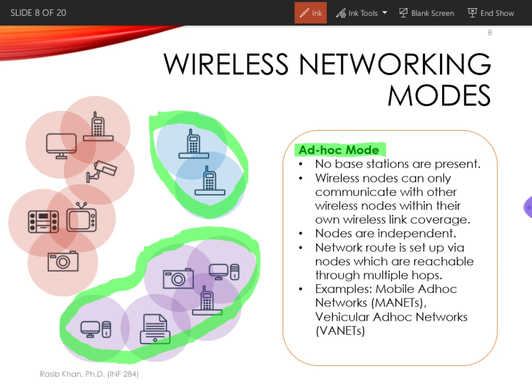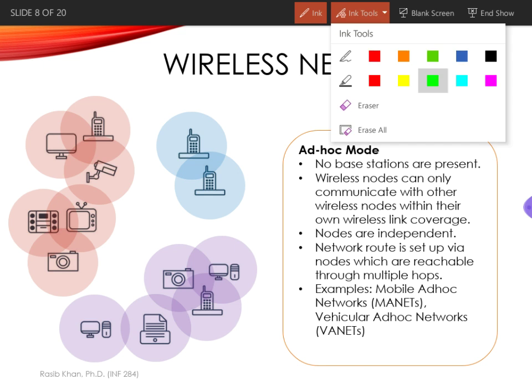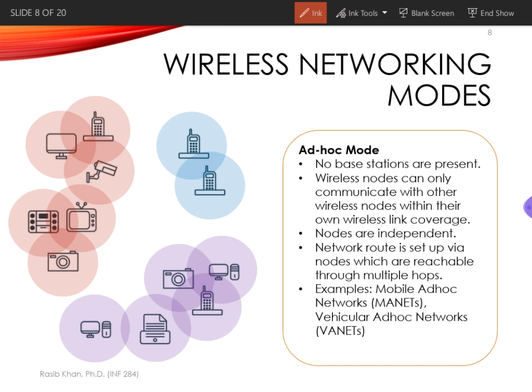And another thing is that in this ad hoc form, nodes can communicate through multiple hops. So let's say this wireless node needs to communicate with the other one, which is not in direct reachability of the first source.